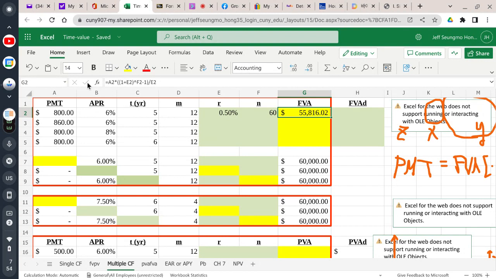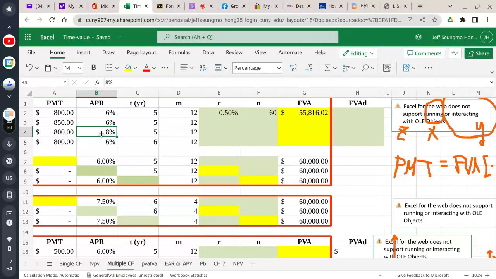So what can we do? Well, we can explore alternative scenarios. One possible alternative is to raise our monthly deposit to, let's say, $850. Another option is to raise it to $860.